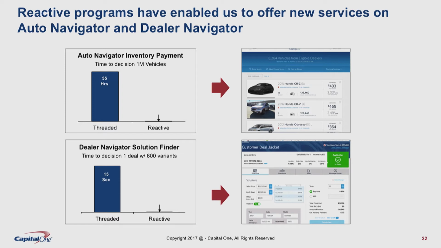No one else in the industry does this. Dealer Navigator. So this is our dealer side. So we actually have like a three-sided marketplace here. We have dealers, we have you as a consumer, and we have lenders, us as a bank. So dealers can go into this tool. They can see all the options for terms and warranty and down payment, cash down.